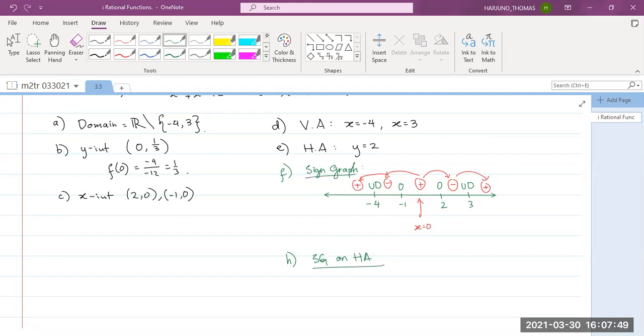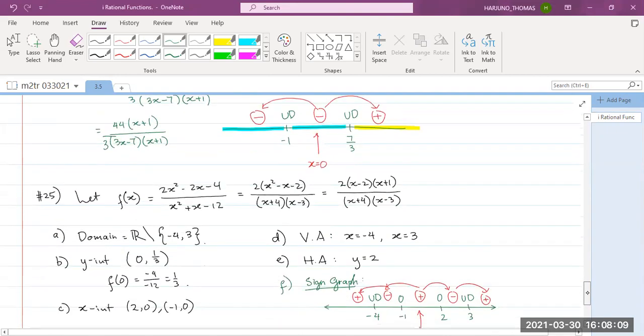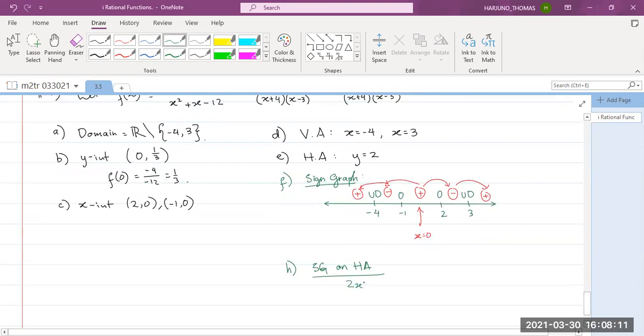Sign graph on the horizontal asymptote. But I need to do that first. That's 2x squared minus 2x minus 4 over x squared plus x minus 12, subtract the horizontal asymptote 2.